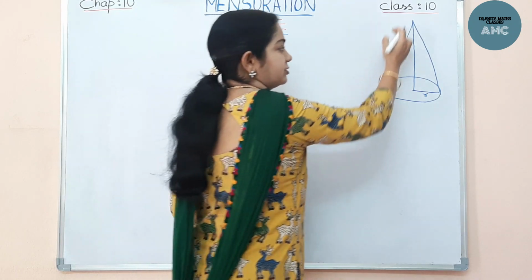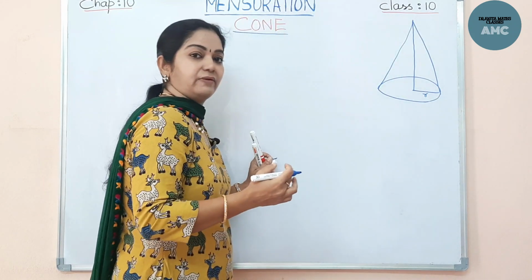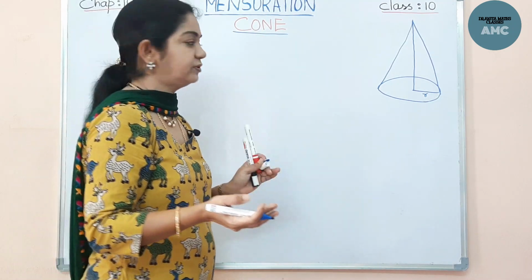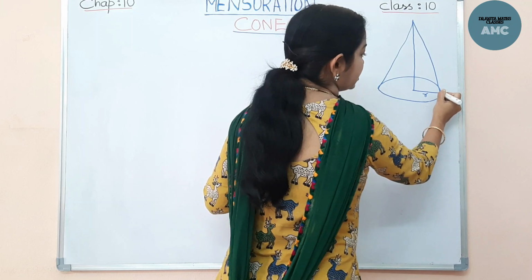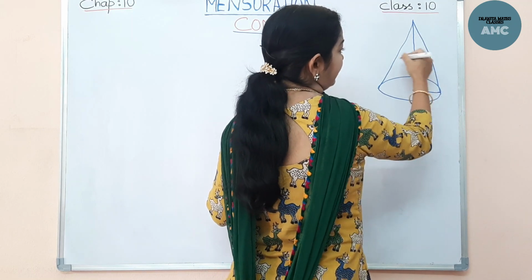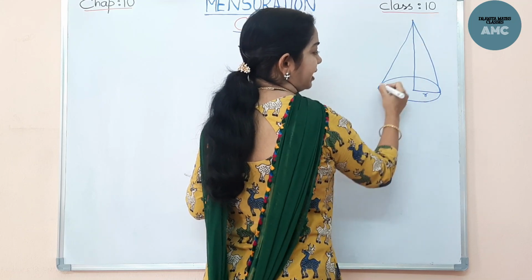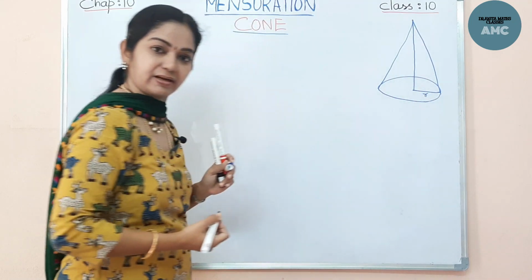Also, when you drop a heap of grains, it is in the shape of a cone. Here, if this is a joker's cap, this is the apex, which is also called the vertex, and the base is a circular one.